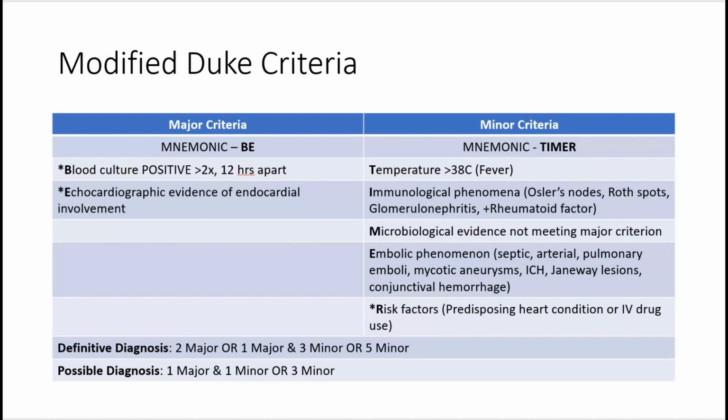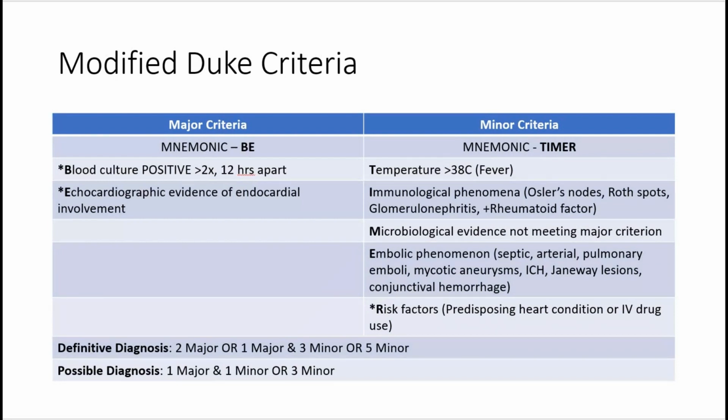E for embolic phenomenon, including septic arterial, pulmonary emboli, mycotic aneurysms, intracranial hemorrhage, Janeway lesions, and conjunctival hemorrhage, etc. R for risk factors, if the patient has a predisposing heart condition, which we'll talk about later, or IV drug use.